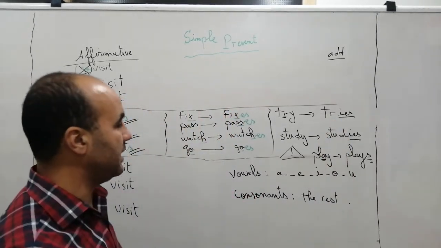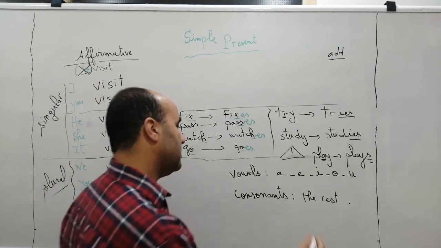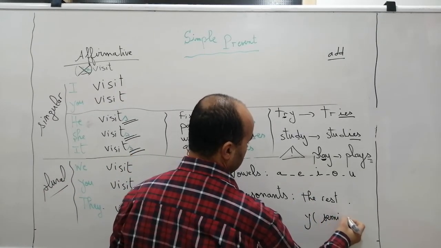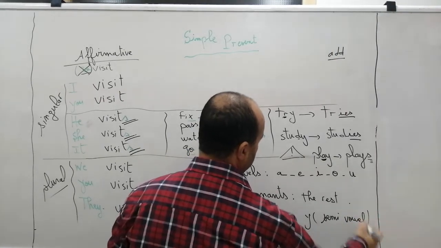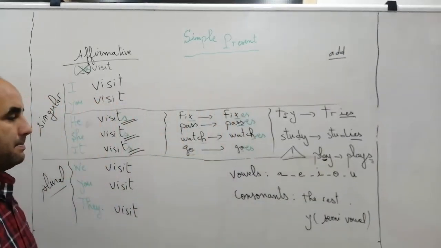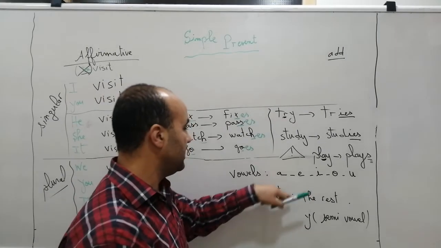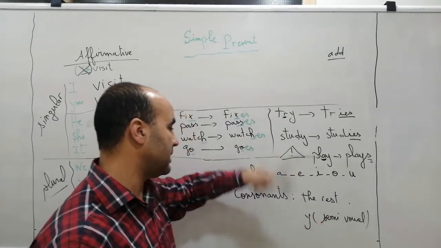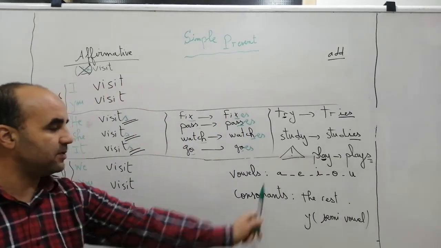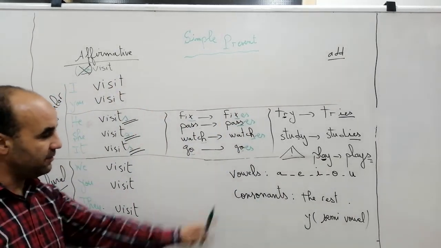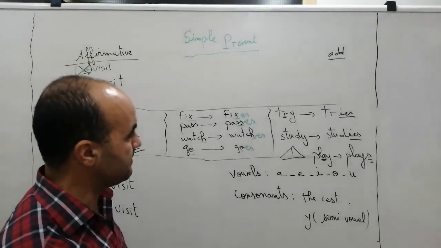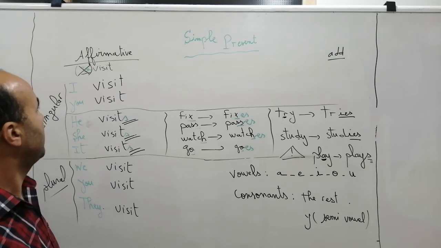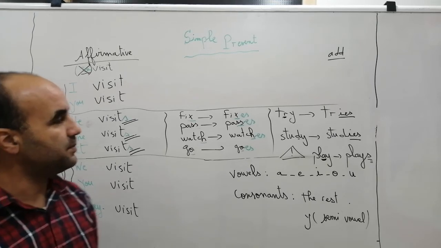Someone is going to tell me why Y is called semi-vowel. Okay, the rest, this means we have 26 letters. Those are vowels, and the rest all is consonants, apart from Y, which is a semi-vowel. Les voyelles et les consonnes. Okay, this is the affirmative form of the verb in the simple present. Thanks.